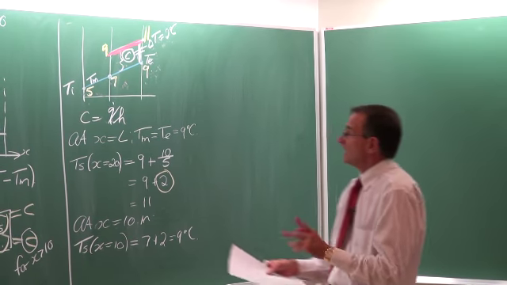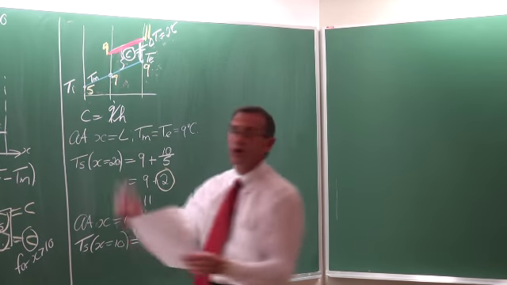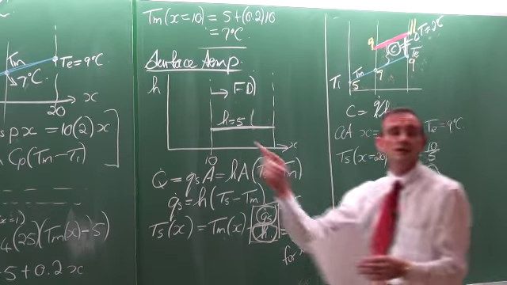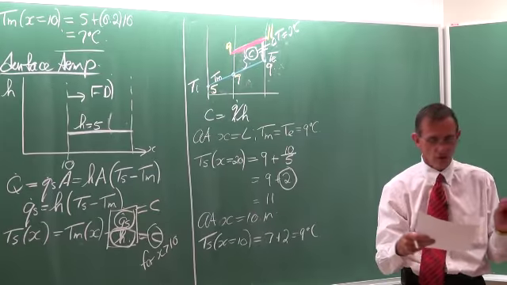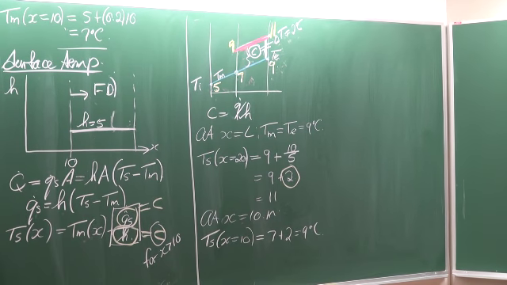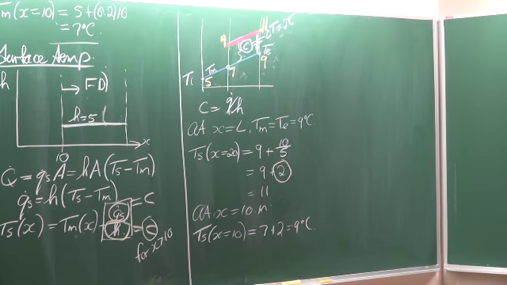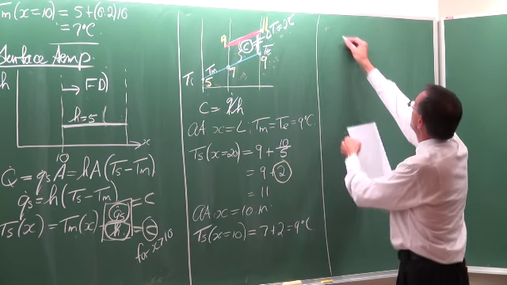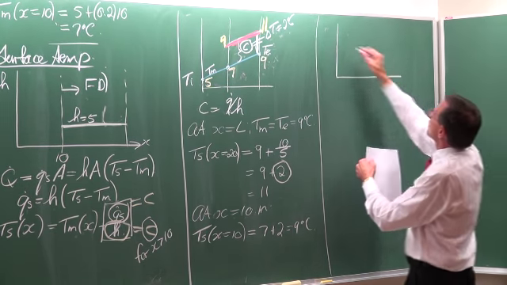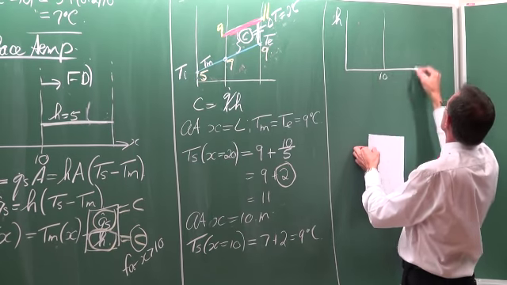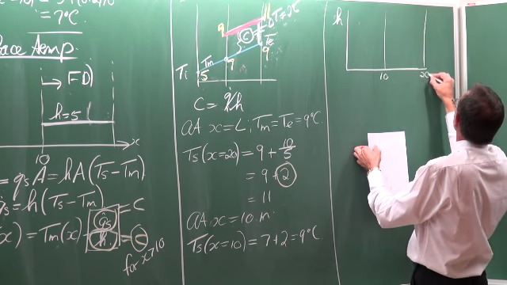Okay. Now we need to solve this part. Okay, we can only solve it if we have the heat transfer coefficient as a function of x. So I'm going to give that information to you also. In terms of the heat transfer coefficient, there is 10 meters, there is 20.